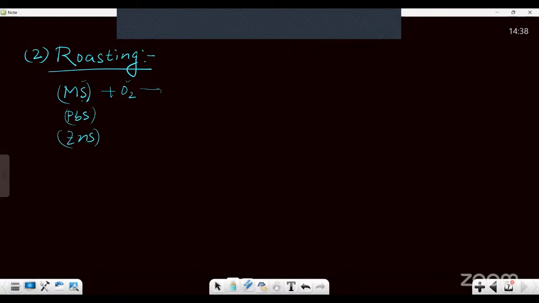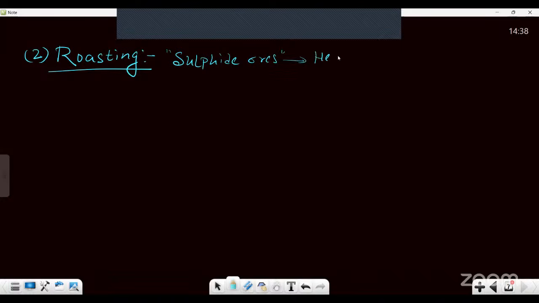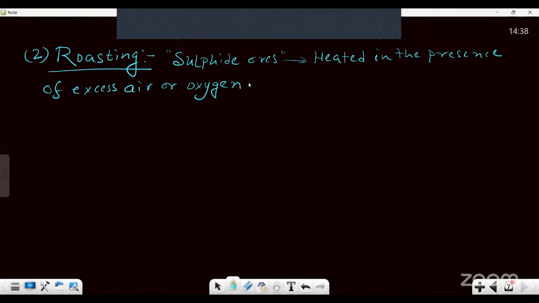So this is our roasting. You can write it here simply: roasting means sulfide ores are heated in the presence of excess air or oxygen to convert them into oxides, or sometimes sulfates, or directly into metallic form.